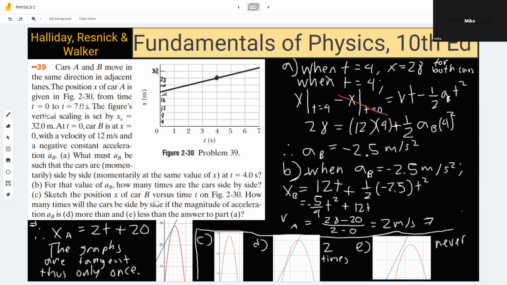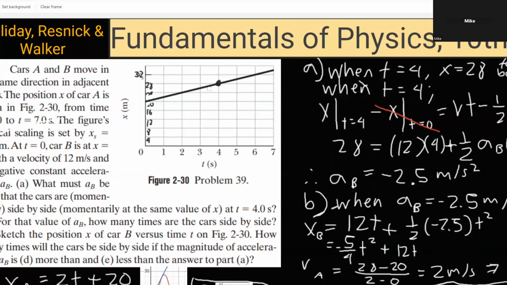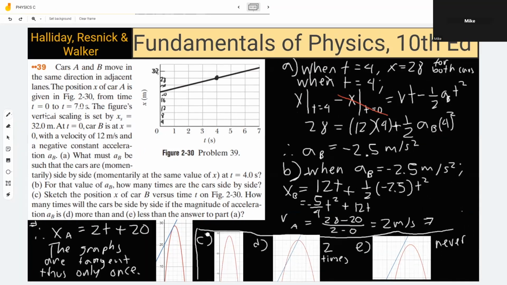So, ano yung X versus T for car A? Kaya, tingnan ko lang yung scratch ko. So, for car A, kaya, share ko lang yung screen ko.